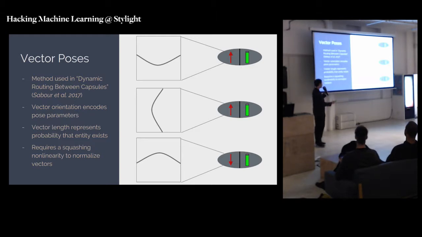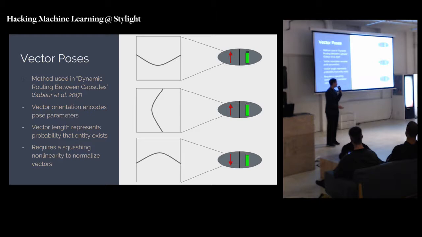One obvious way to do it would be to use vectors, because vectors have direction, and that seems fairly interpretable. So you can see here, let's say we've got something that detects these sort of curves. You can see the capsules over there on the left. They have their scalar, which indicates that they're highly certain that the entity they're concerned with actually exists. And then the vector that represents the pose, or the instantiation parameters, is rotated.